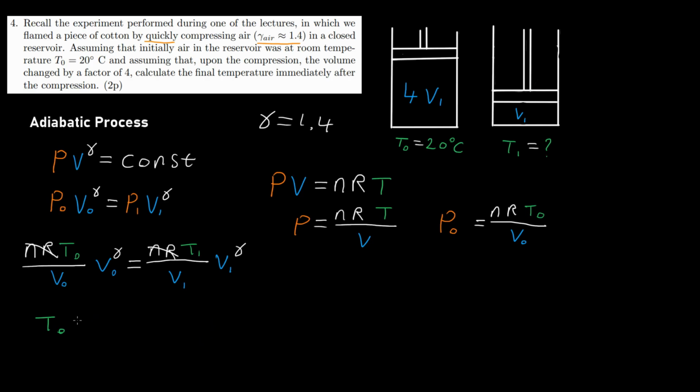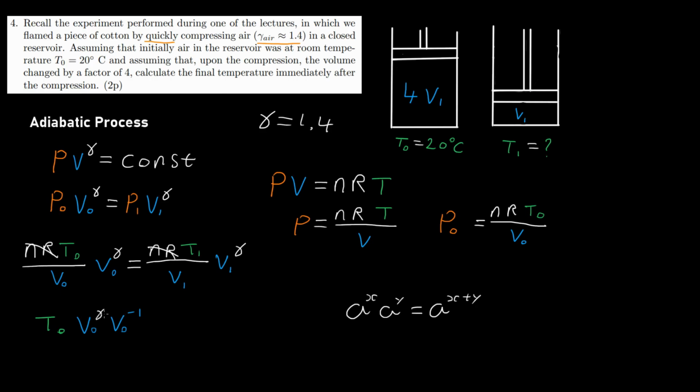So that would give us V naught to the gamma multiplied by V naught to the minus 1. But also we know that anytime we have something like a to the x multiplied by a to the y, that would just be the same as a to the x plus y. Just have to add powers.